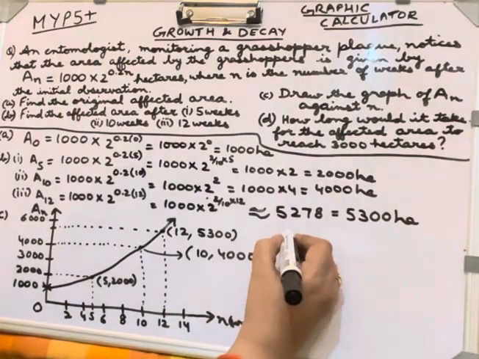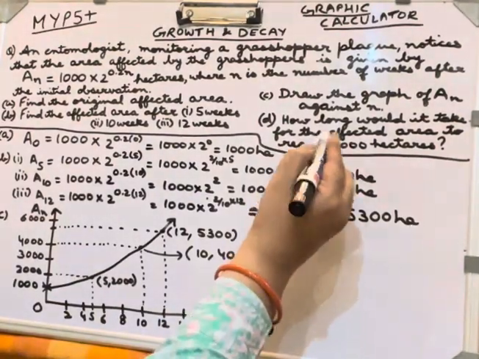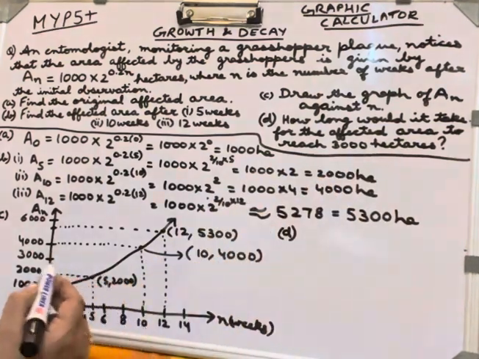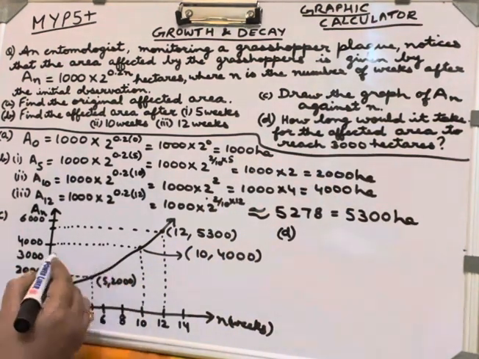Okay, so part C is done. Now part D, the last part. How long would it take for the affected area to reach 3000 hectares? Now we see that 3000 hectares is here.